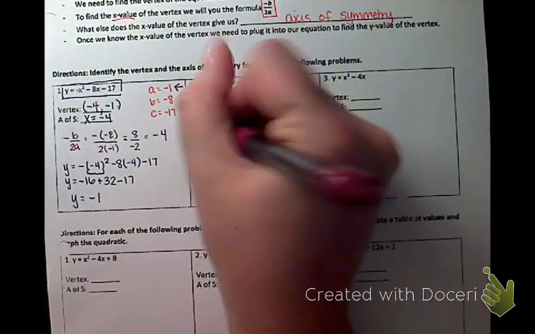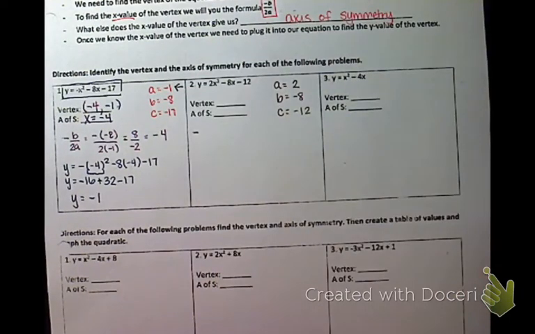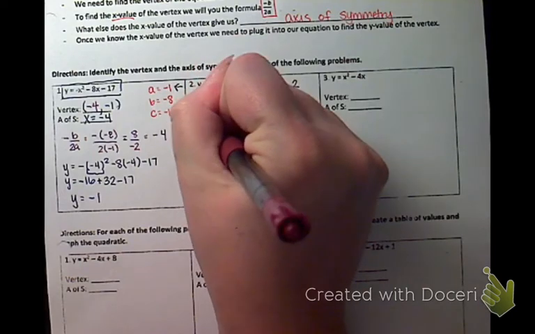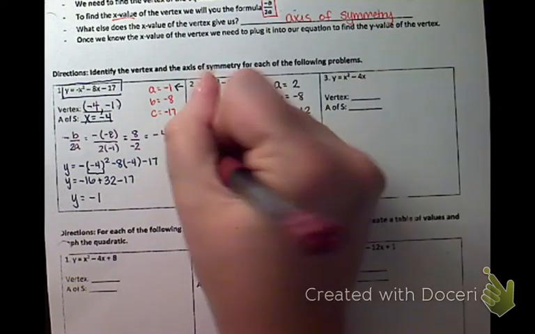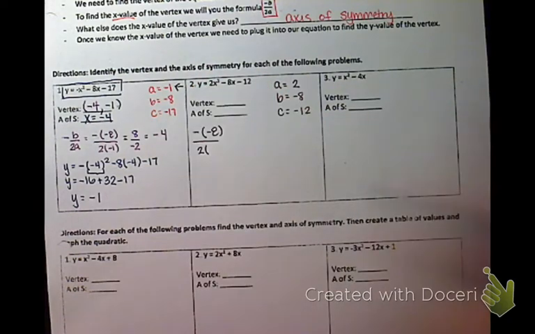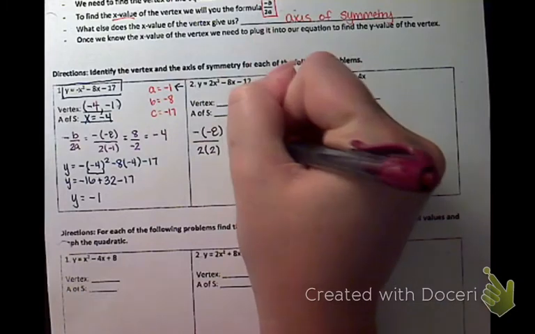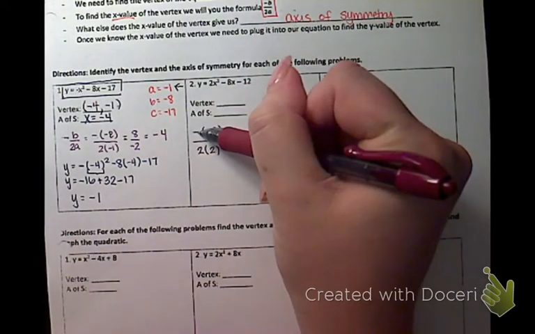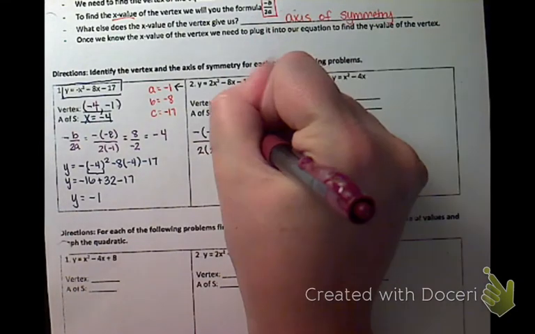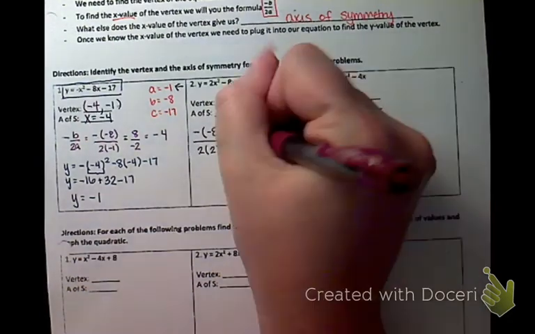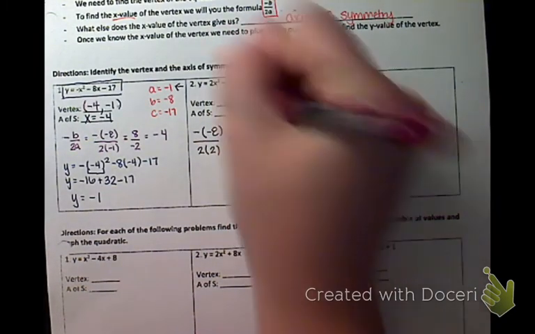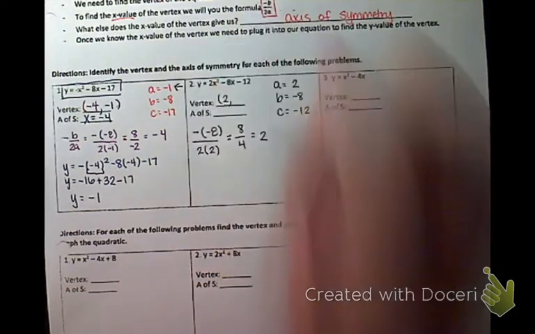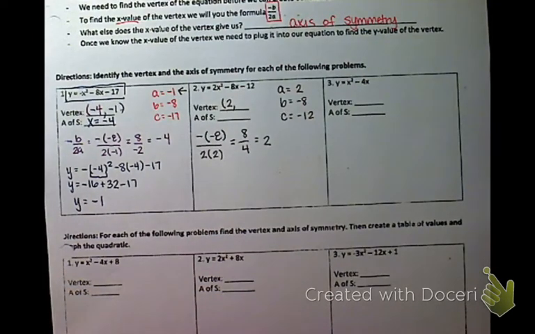So negative, and then I'm plugging in negative 8 all over 2 times A, which is 2. A negative, and then that negative 8 gives me a positive 8. 2 times 2 is 4, and when I reduce that fraction, the x value of my vertex is 2.